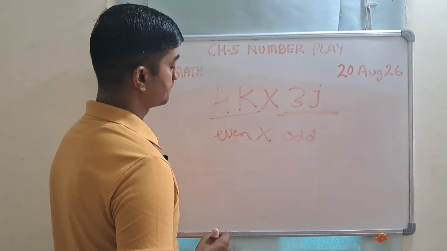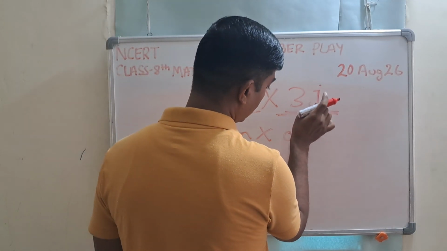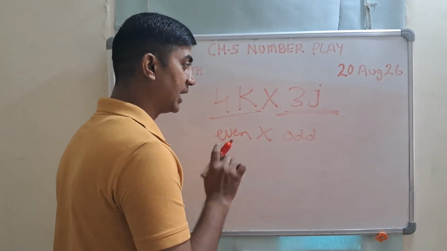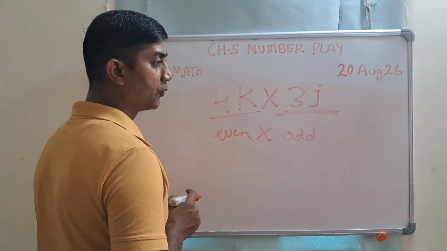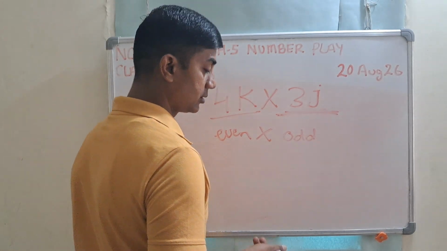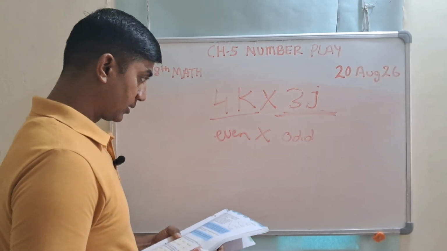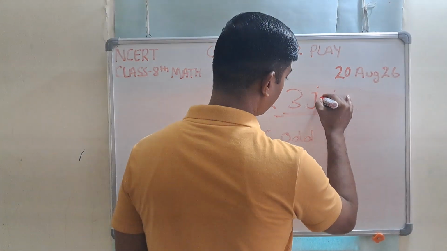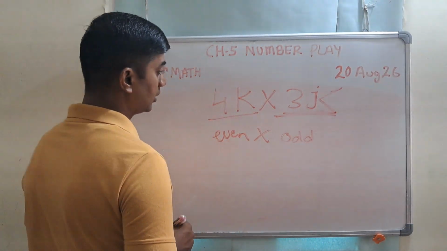Now see, if this is odd, 3 into 3 is 9. If this is even, say 4, then 4 threes are 12. What does that mean? It means that it has two values.